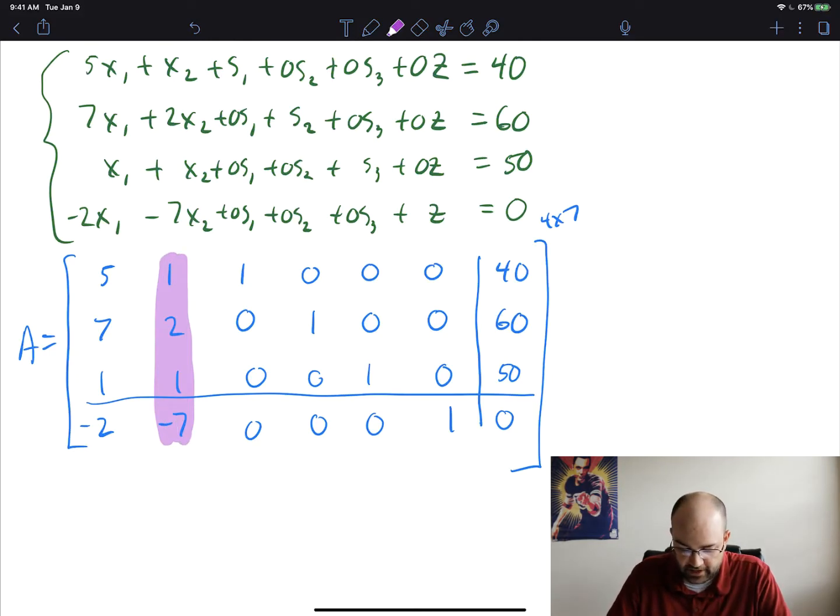Then we need to figure out our pivot row. To do that, we do division. 40 divided by 1 is 40. 60 divided by 2 is 30. And 50 divided by 1 is 50. Of these quotients, which one is the smallest positive? Well, 40, 30, 50, the smallest is 30.